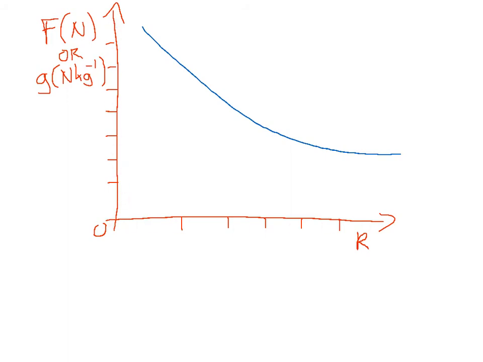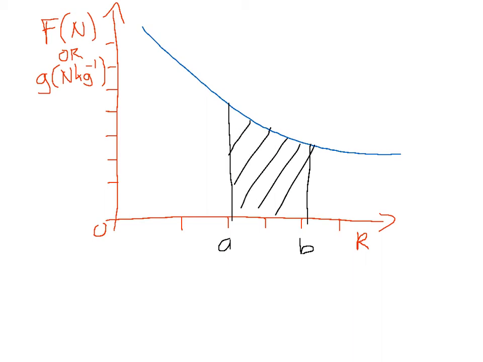And so the area under this, as we know, will tell you the work done, so the amount of energy gained or lost. If you're asked about two altitudes, A and B here, the work done by gravity on an object moving between these 2 points will be equal to the area under the graph between them, providing that the vertical axis is in newtons.